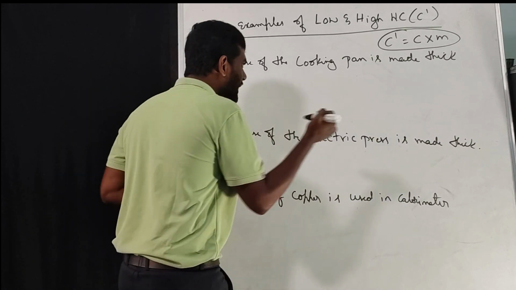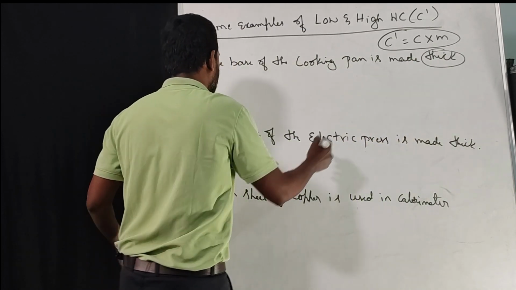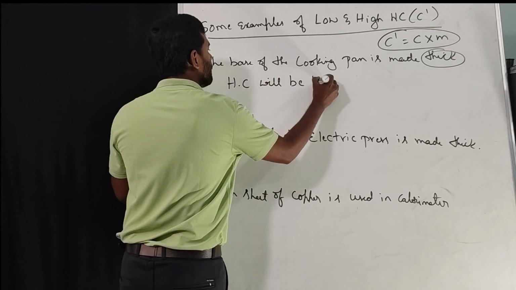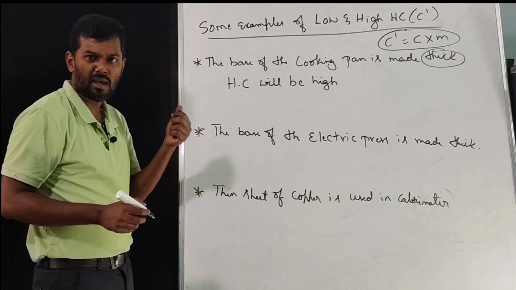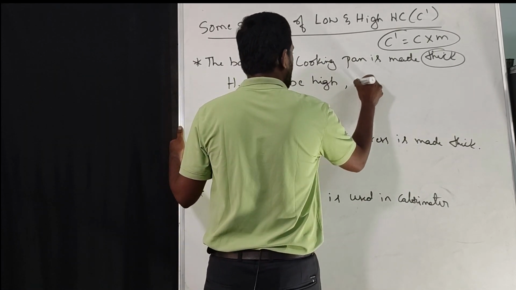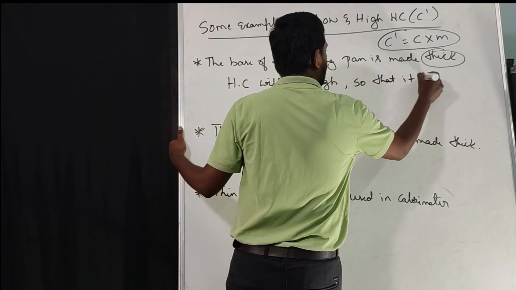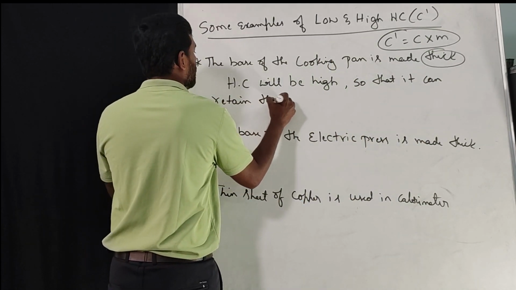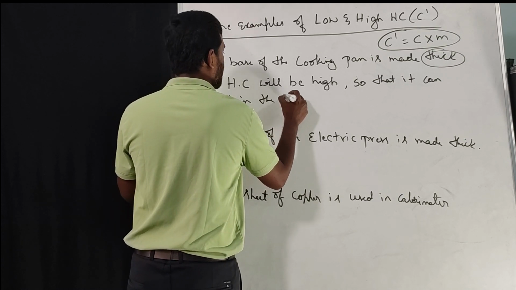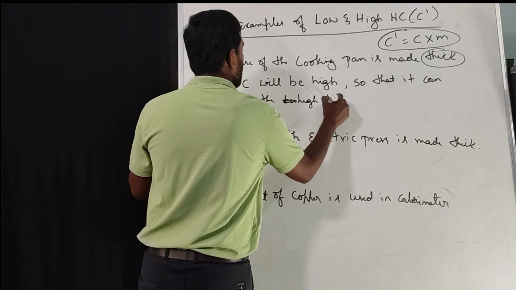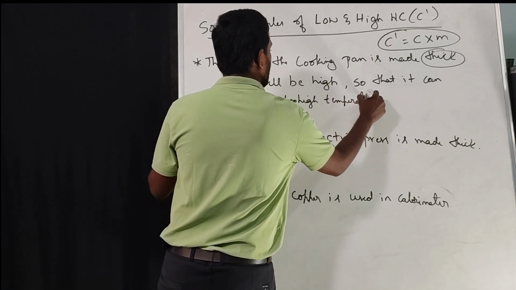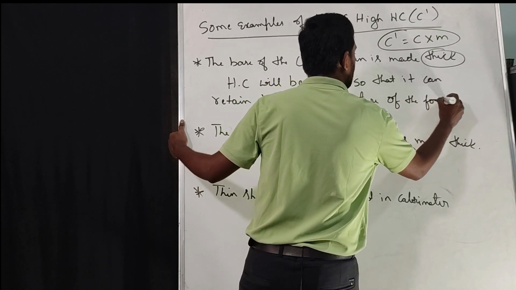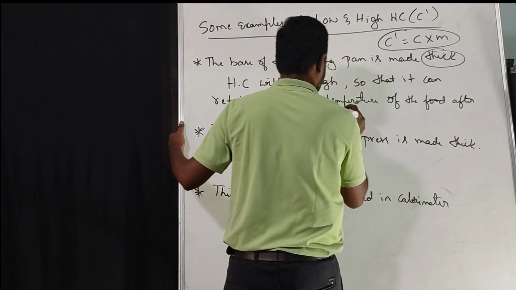If it is thicker, heat capacity will be high, so that it can retain the high temperature of the food after cooking.